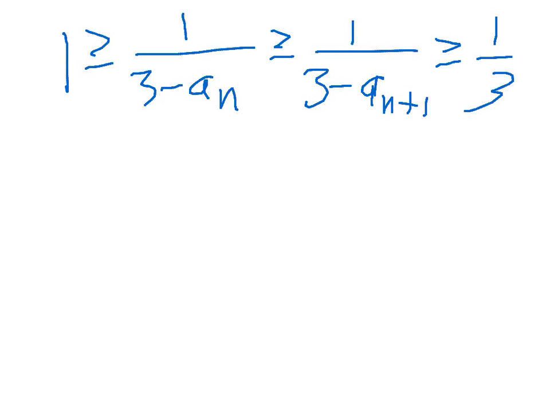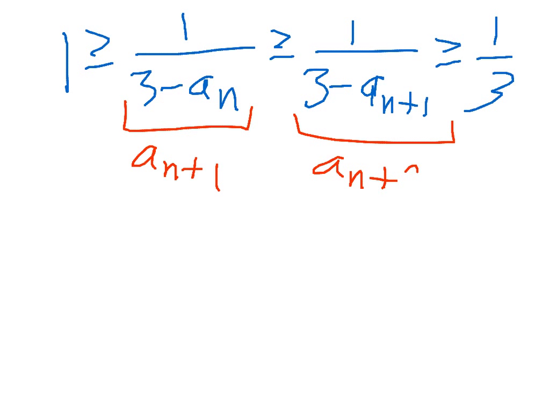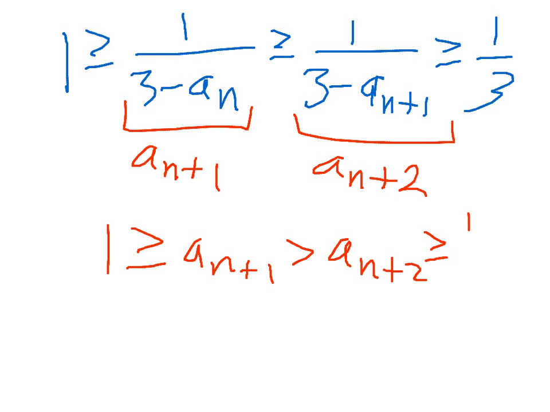And let me just note that this is the definition of a sub n plus 1, and this is the definition of a sub n plus 2. So what we've seen is we now have this inequality, which is indeed almost what we needed. It's more than what we needed, actually.